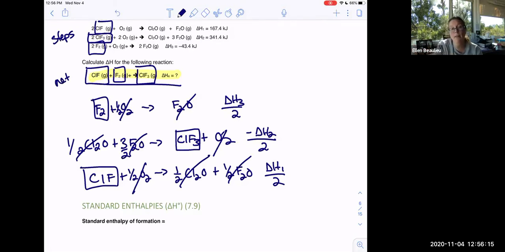Now, I want you to mathematically solve for delta H4. I'll give you 2 minutes. Solve for delta H4.